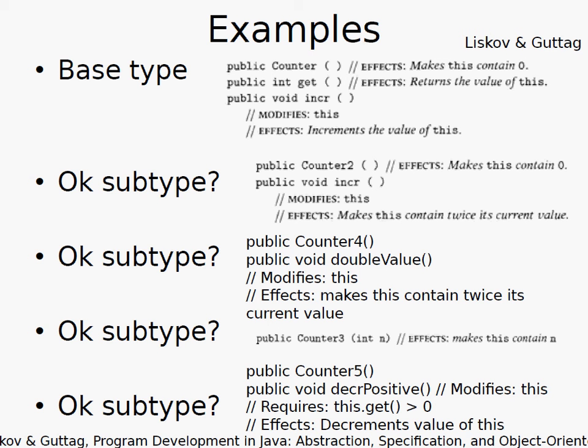Okay, let's look at one more. We have a thing that's a counter 5, and it initializes to 0 also. And we have a method here that's decrement positive. As long as it has a value that's greater than 0, I can decrease it by calling this method.